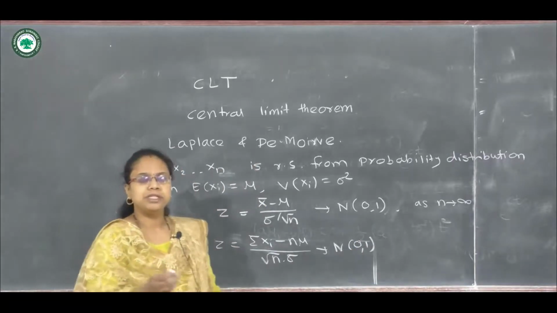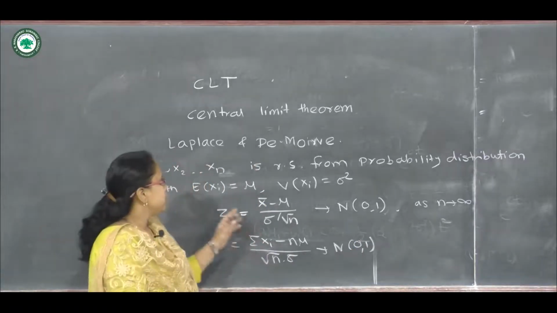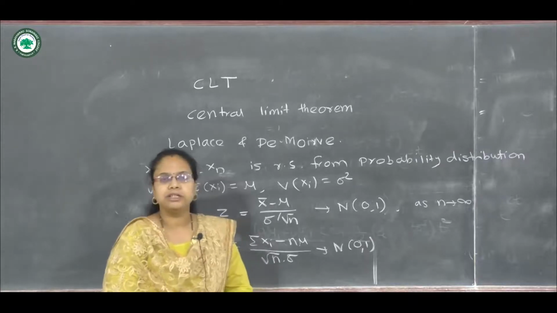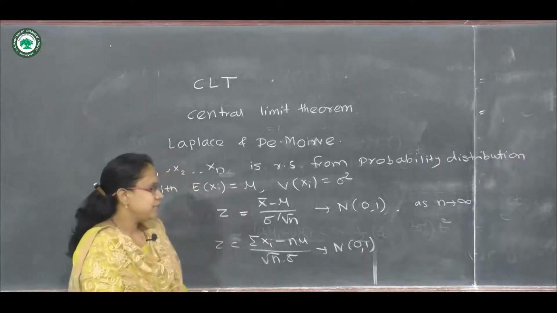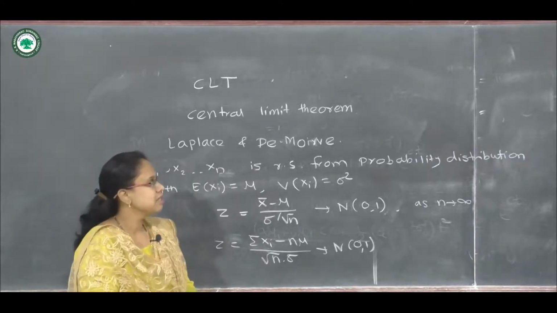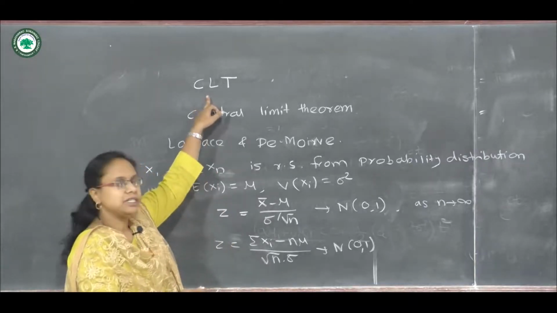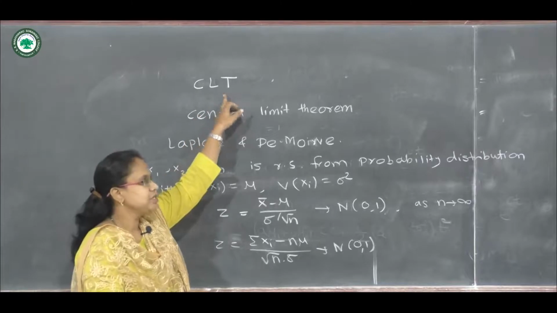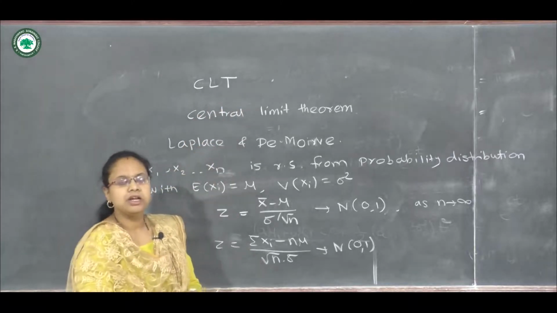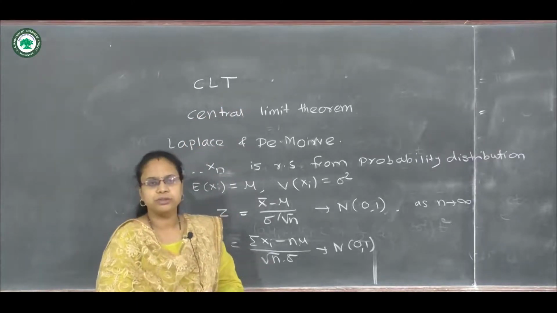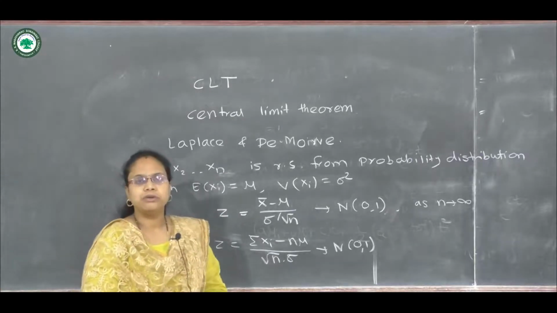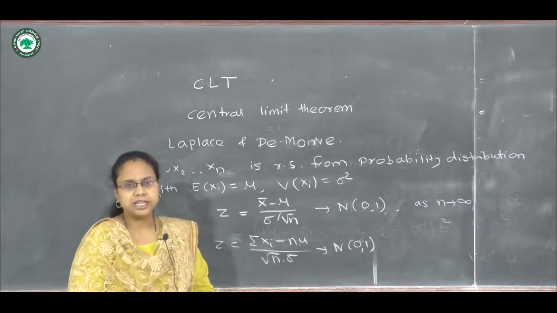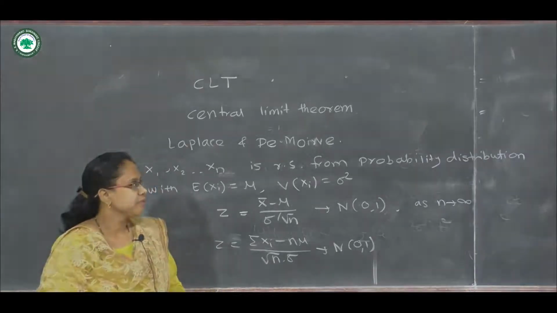Many times it is not easy to calculate the distribution of summation xi or x bar for any distribution. So in that case, the central limit theorem is used, and any distribution converges to normal distribution, and by using normal probabilities we can find the distribution of summation xi or x bar.